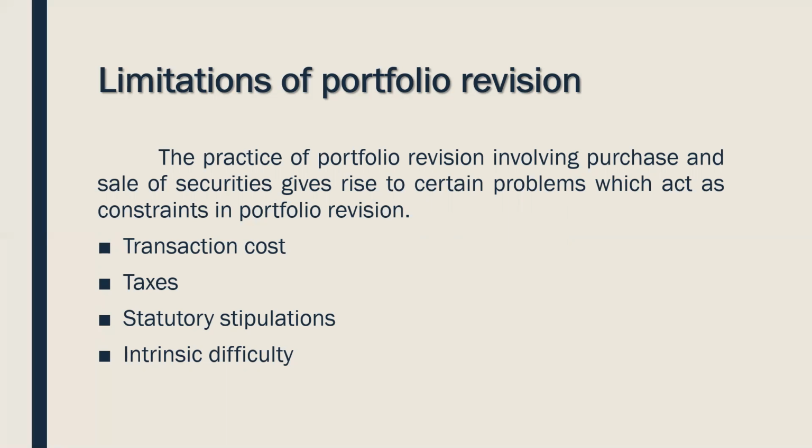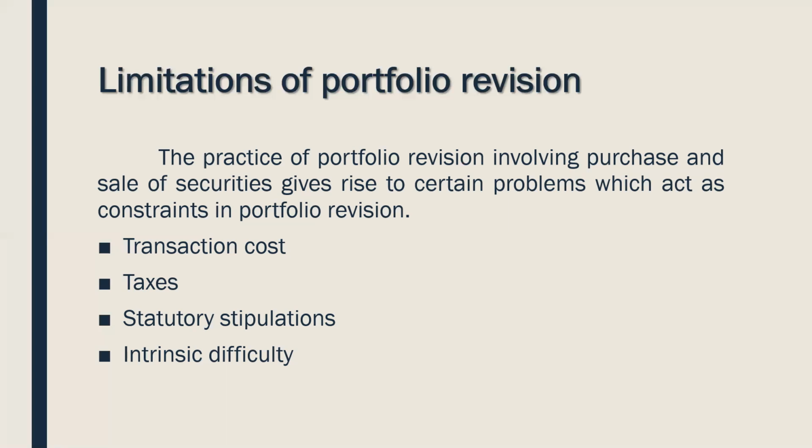You see, the entire process of portfolio revision itself is confusing. There are various strategies, and there is no foolproof strategy to portfolio revision. You can just try to make your portfolio more and more efficient by eliminating weak securities or by adjusting your portfolio to meet your own personal goals. But then again, there is no guarantee that by adjusting the portfolio, you will get exactly what you wish to get.